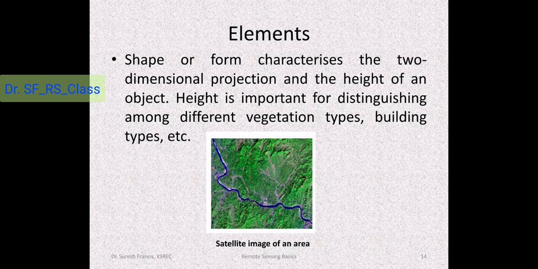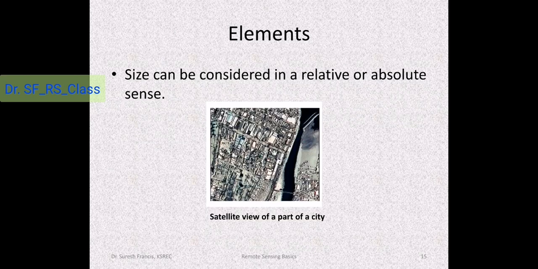The shape of a river helps us to identify it as a river, and that zigzagness, the amount of water flowing along with it, all these things help us to identify it as a river. And the other one is the size of the object. In an urban area, different types of buildings can be compared with the size and shape, and also the patterns.